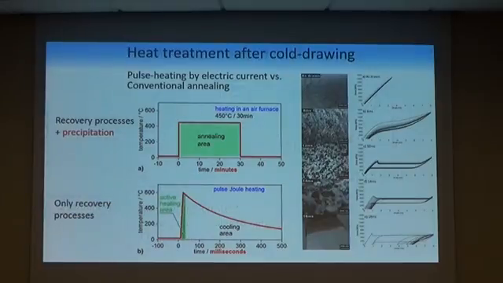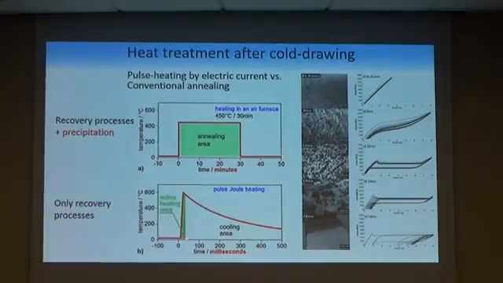That's why we tested and compared two very different types of annealing. The first one is conventional annealing, and precipitation and also recovery processes take place in this type of annealing. The second type is pulse annealing by electric current.